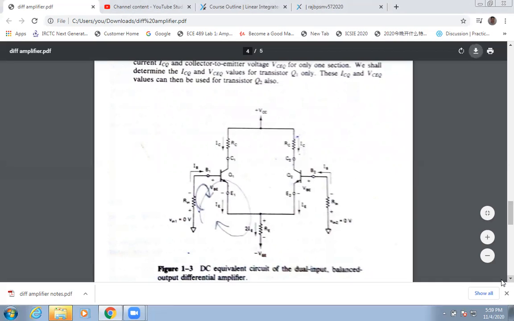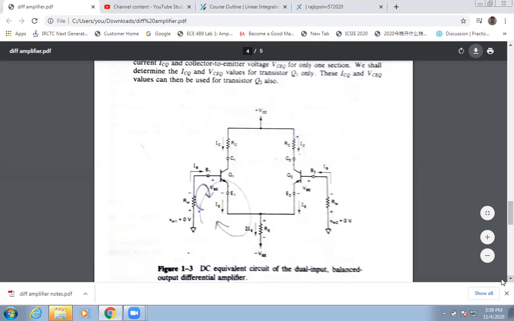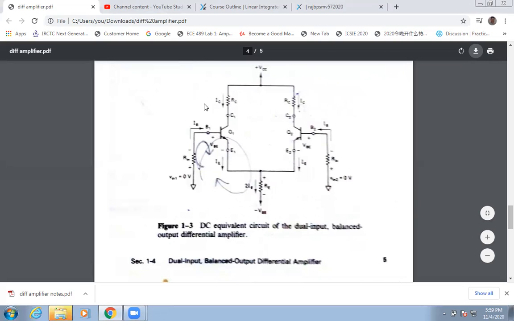This is the DC equivalent circuit of dual input balanced output in which we have done nothing but only replace Vin1 and Vin2 by 0 voltage, that is grounded. And the second change that we have done is we have replaced Rin1 and Rin2 by Rin, because both are equal. Now we will find the ICQ and VCEQ only for this transistor Q1, and same may be applied for the transistor Q2.